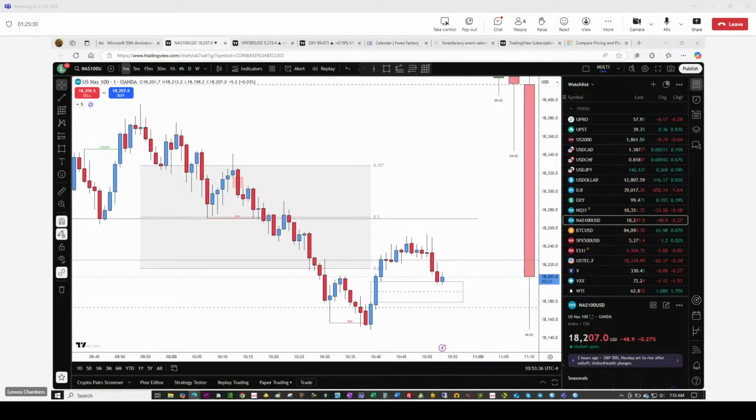Because they didn't quite hit the 38% level, which means it should go up higher, but I think they're just playing games with us right now to get people to go in so that they can go back up and grab more lots.